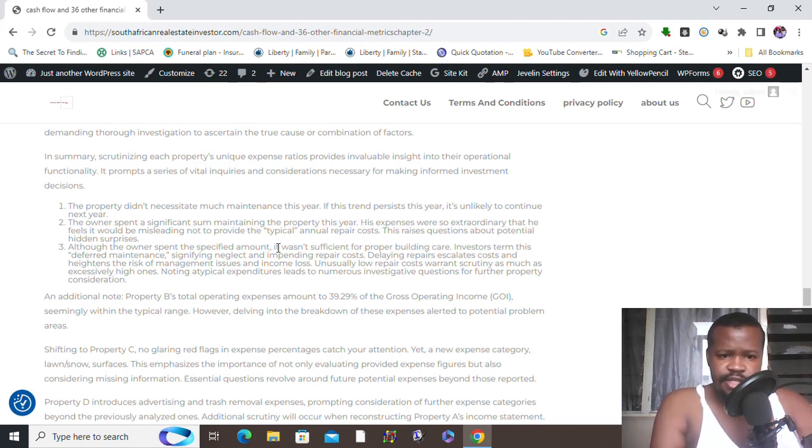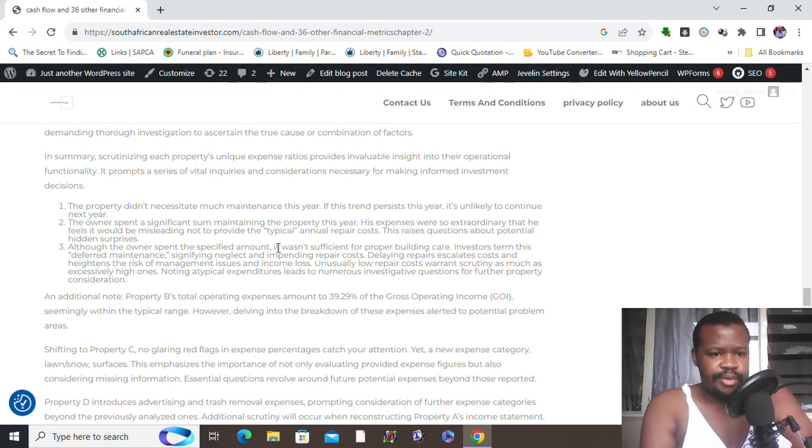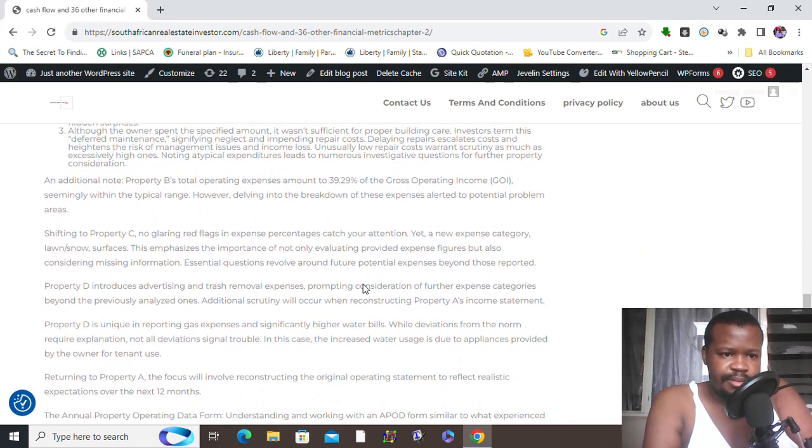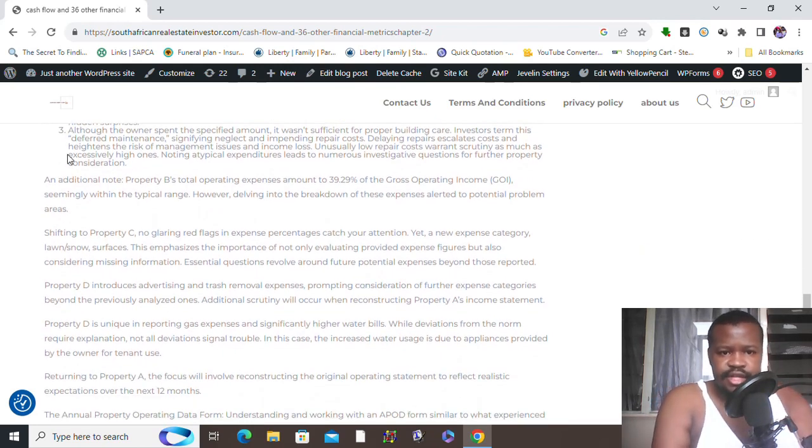Noting atypical expenditures leads to numerous investigative questions for further property consideration. An additional note, Property B's total operating expense amounts to 39.29% of gross operating income, seemingly within the typical range. However, delving into the breakdown of these expenses alerts you to the potential problem areas.